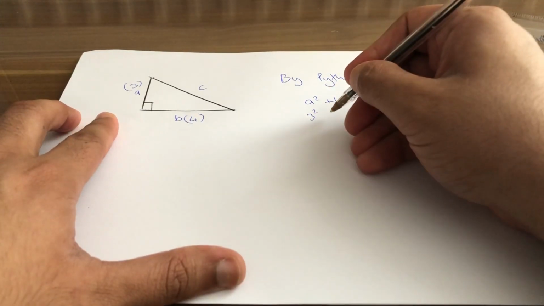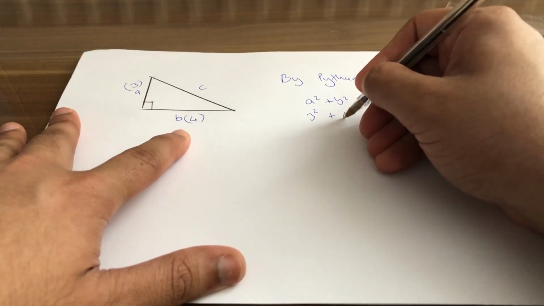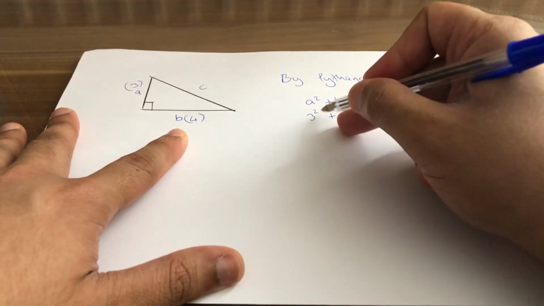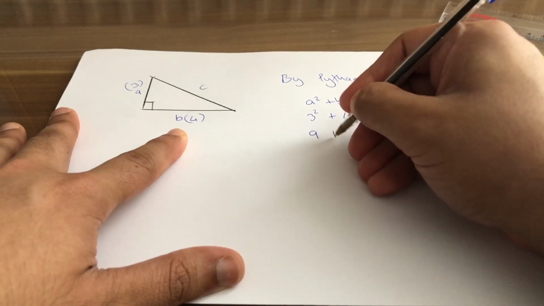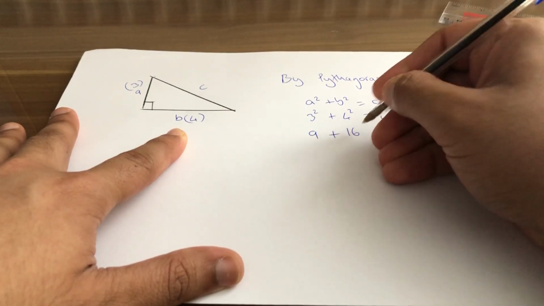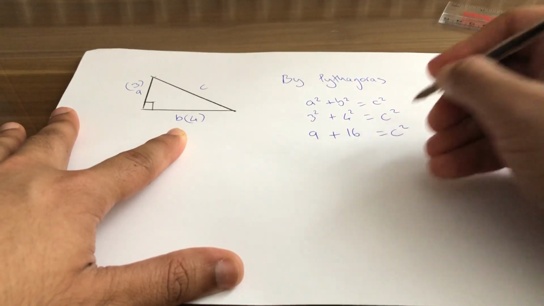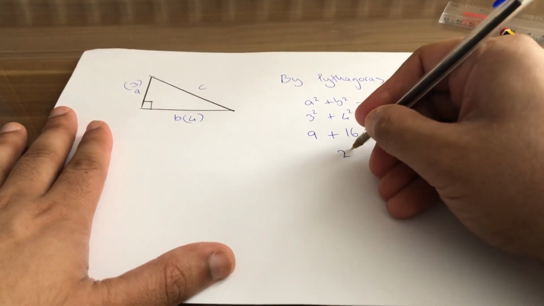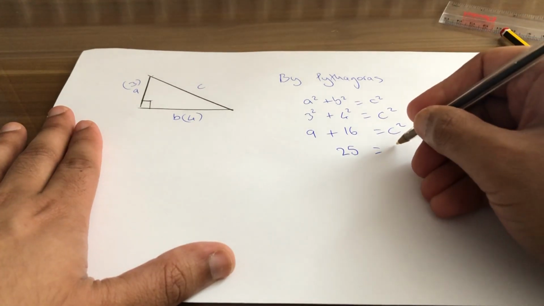So 3 squared plus 4 squared equals c squared. 3 squared is 9, plus 4 squared, which is 16, equals c squared. 9 plus 16 is in fact 25, which equals c squared.